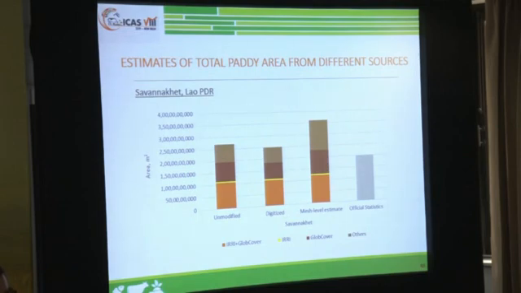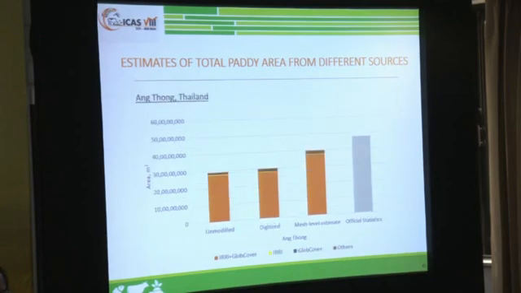You'll notice that the other stratum, which is the very low probability stratum, even though we only have 2 sample meshes found to have rice in that stratum, has a huge implication in the total area estimation. The official statistics is also comparatively lower than the other 3 rice area estimates.